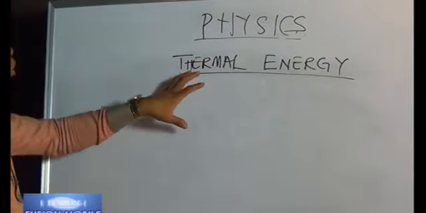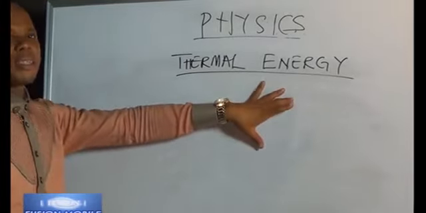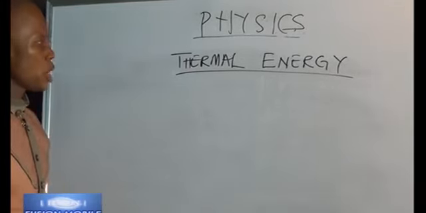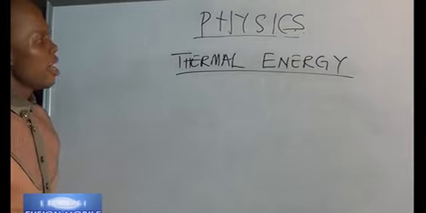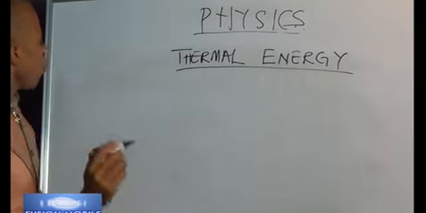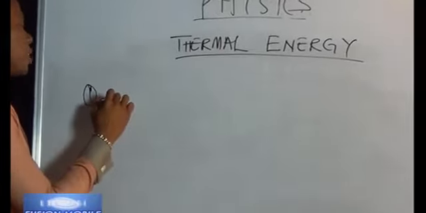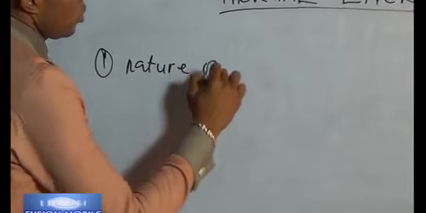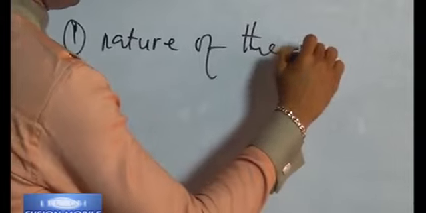Now we look into parameters which heat depends on. Many times we talk about heat, but there are things which heat depends on. First is nature of the material.